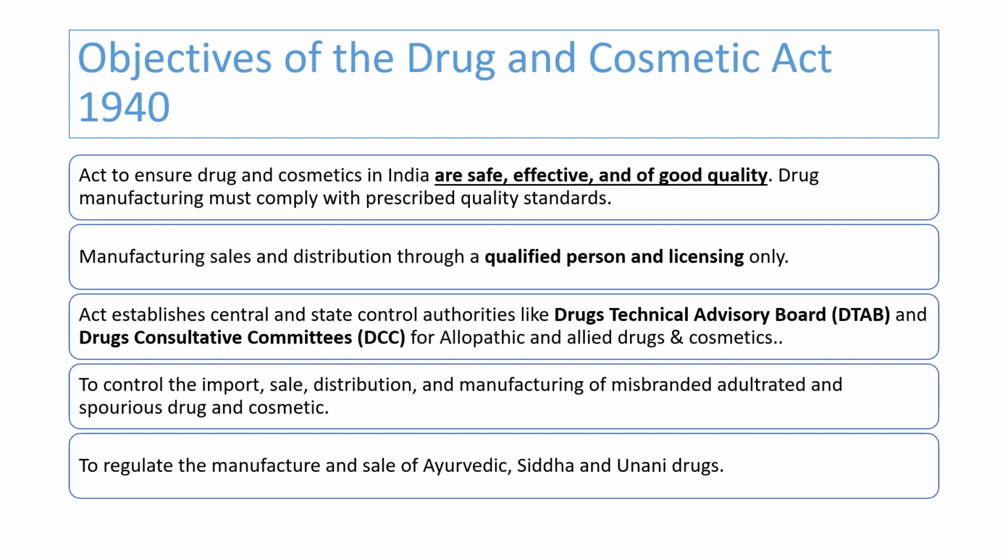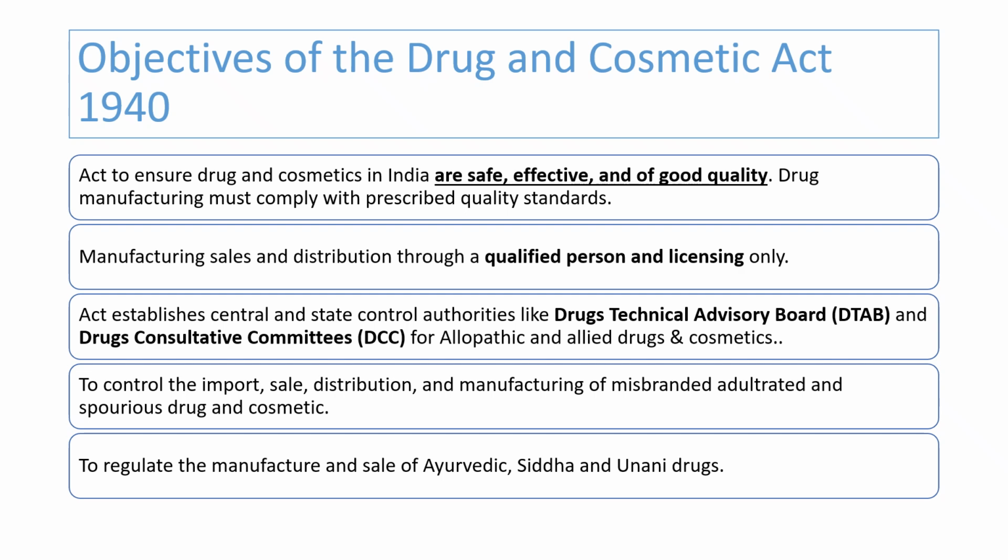So they established the DTAB, Drug Technical Advisory Board, and the Drug Consultative Committee. What this committee will do is regulate drugs and cosmetics. They will ensure that drugs and cosmetics in the market are safe, effective, and of good quality.